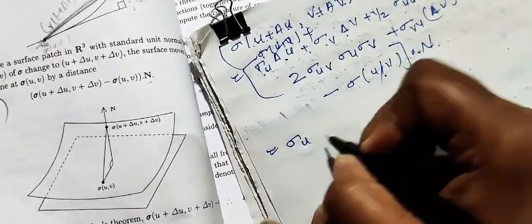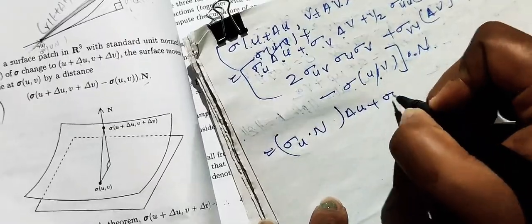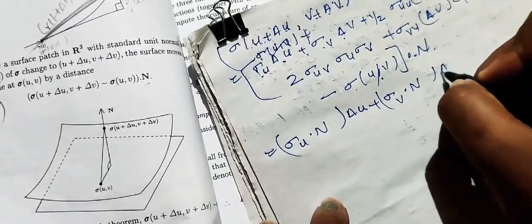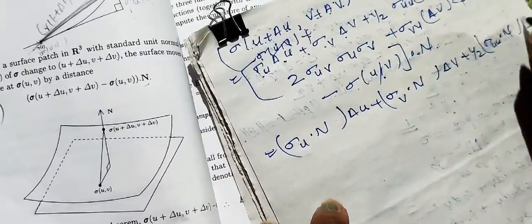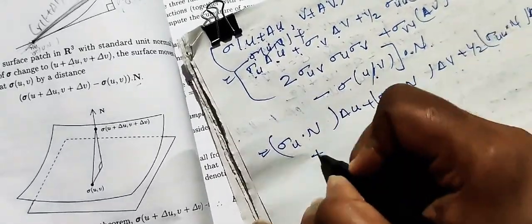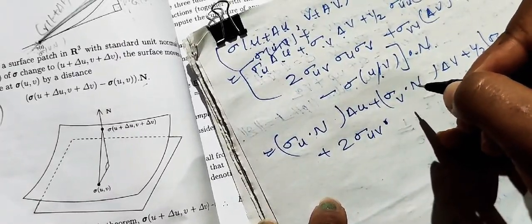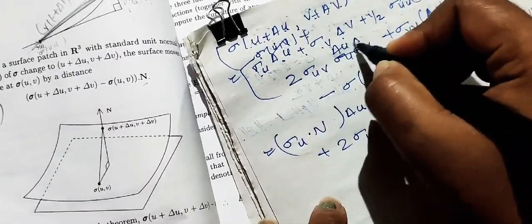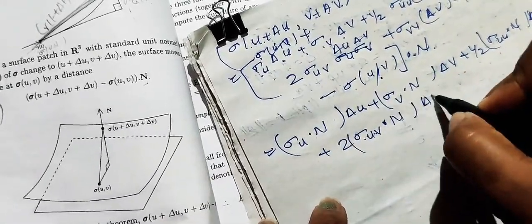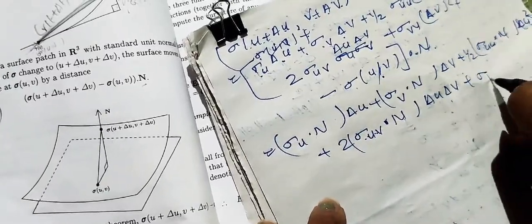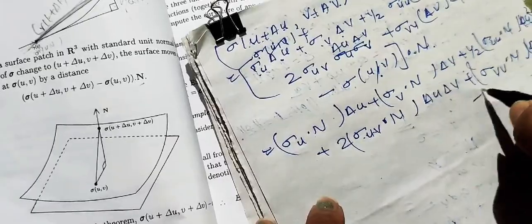sigma u dot N delta u plus sigma v dot N delta v plus 1 by 2 into (sigma uu dot N delta u square plus 2 into sigma uv dot N delta u delta v plus sigma vv dot N delta v whole square) plus etc. I'm sorry, this is delta u and delta v.